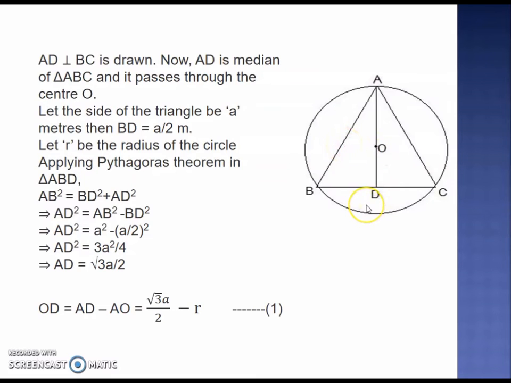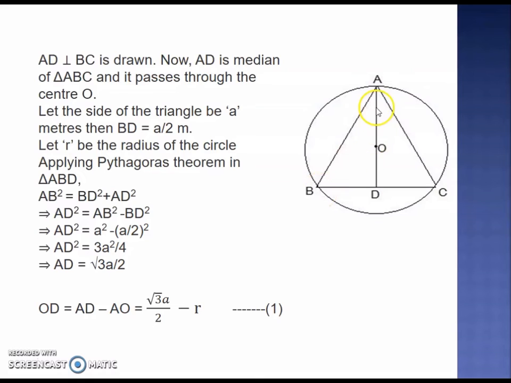Because this is a right angle triangle, I can apply Pythagoras theorem: AB square is equal to BD square plus AD square. AD we don't know, AB is a and BD is a by 2. Using that, we get root 3 a by 2 as the length AD.